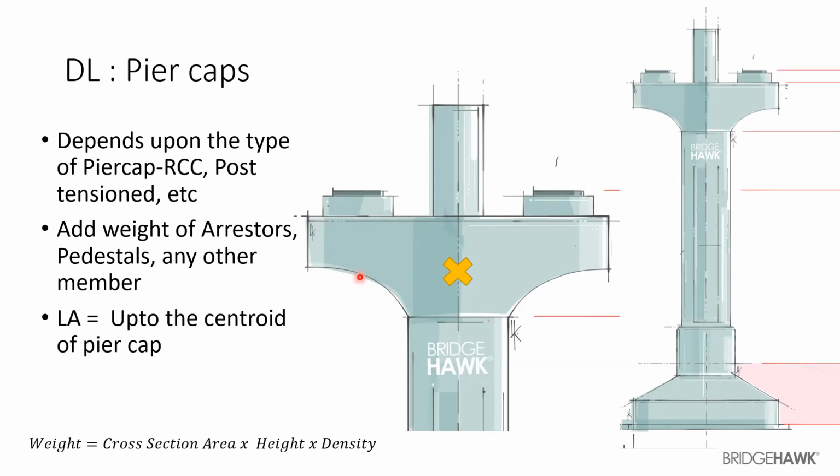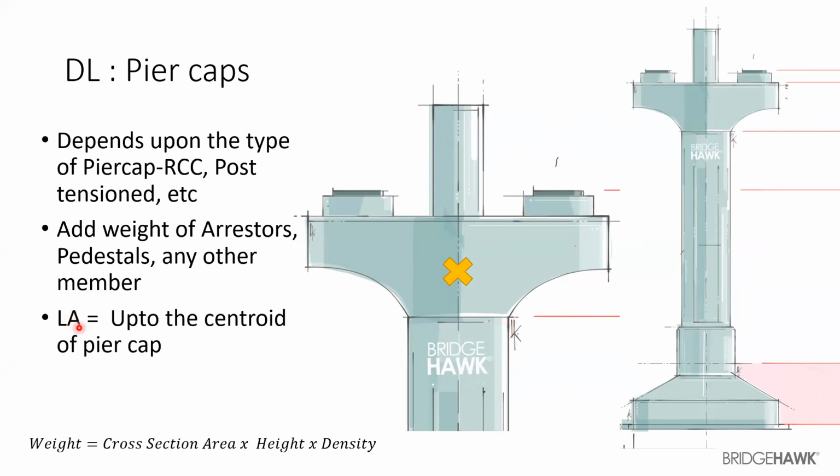It's only that the flange portion has to be taken into consideration. And when you're calculating the load of the pier cap, you have to also be sure that you're calculating the weight of the seismic arresters, which is over here, and the bearings, right? Because this dead load is going to impart a moment on the face of the pier.